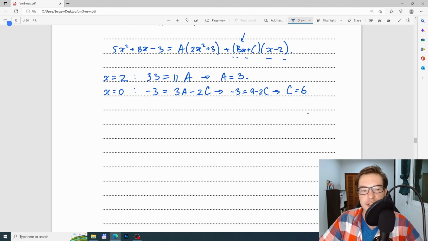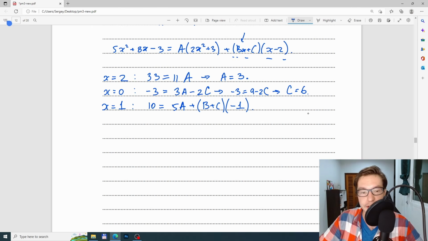Okay, and next I can substitute just any number. I will say just, okay, x equals 1. Quite easy to substitute. So we get 10 equals 5A plus Bx plus C times minus 1. And we already know what A and C are.